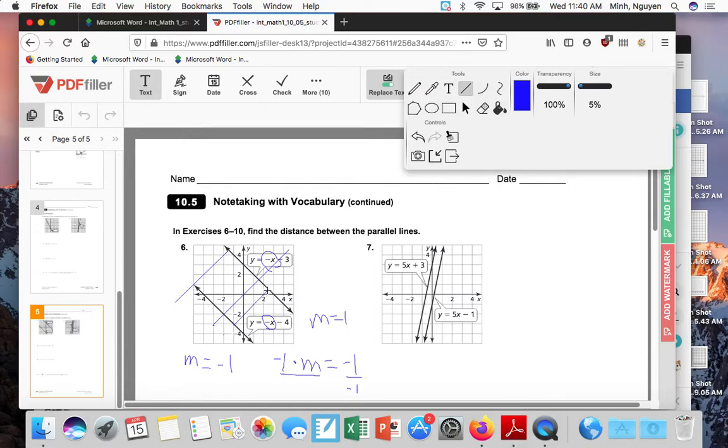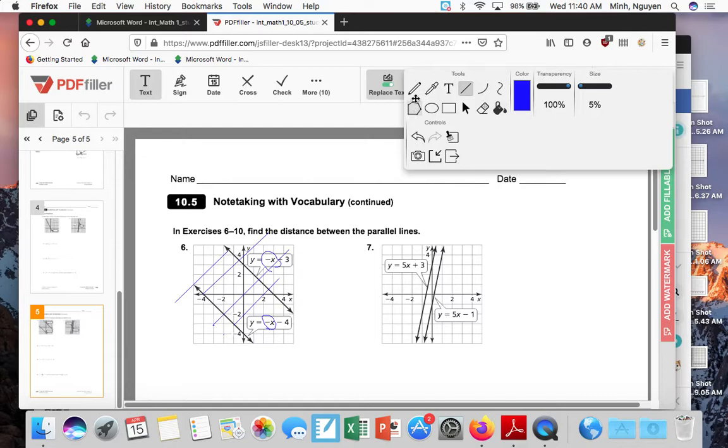And let me erase to have a little more space to work. I can keep going until I find a nice, neat space where it obviously intersects.